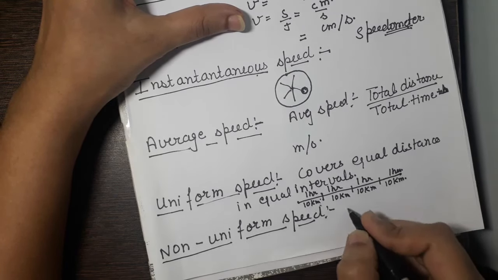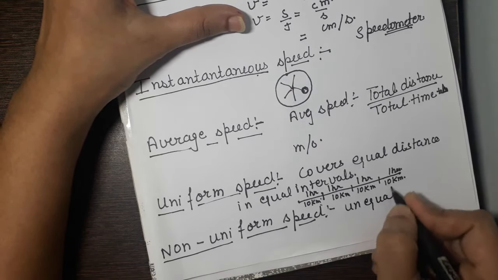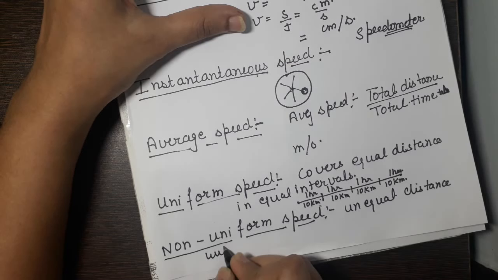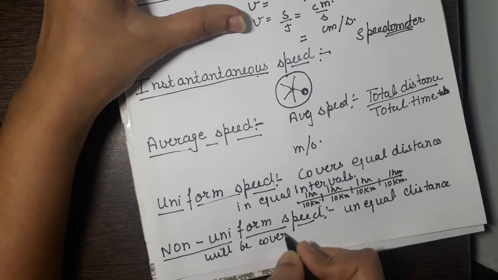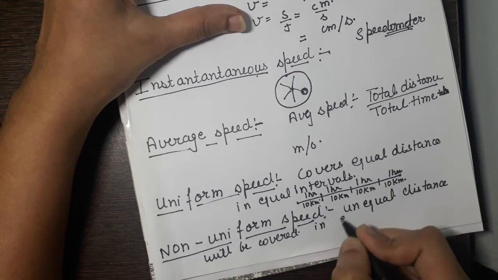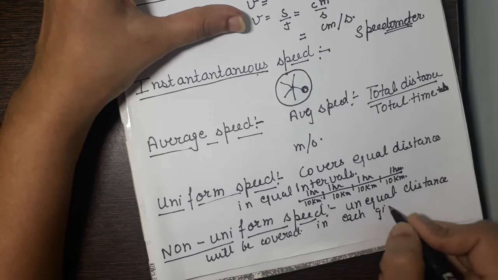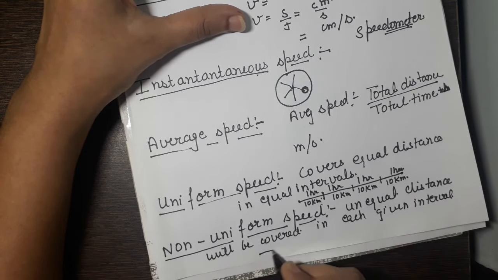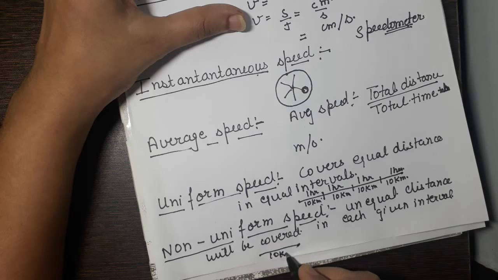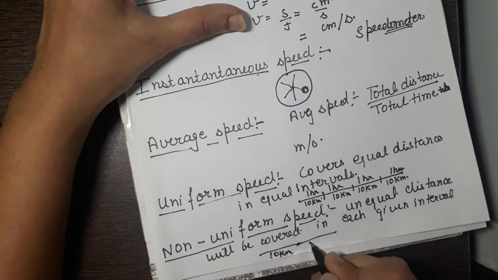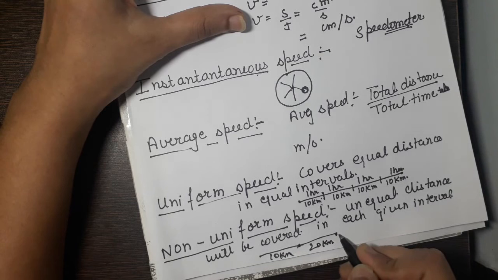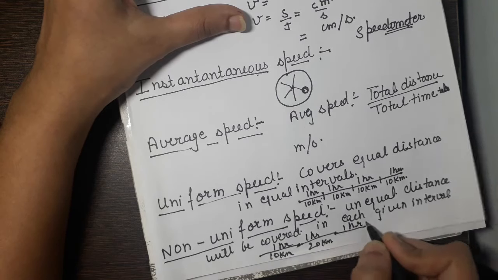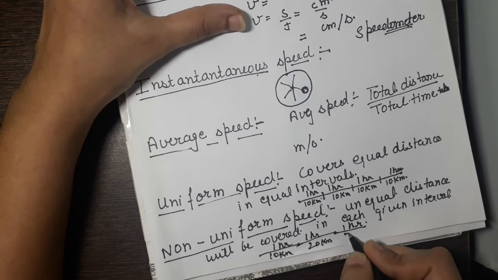For example, in the first hour it covers 10 km, in the next hour it covers 20 km, and in the next hour it covers 5 km.